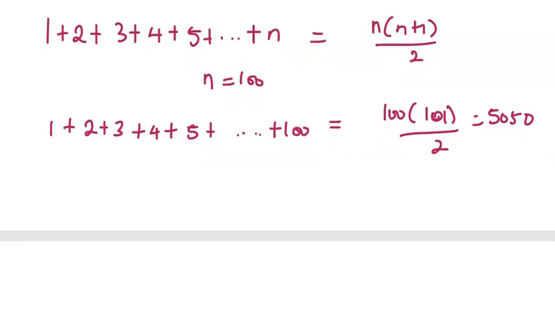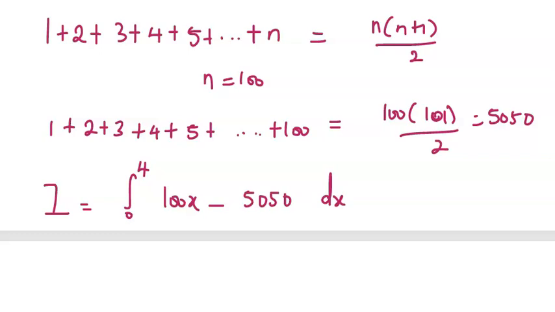So therefore our I is going to be equal to the integral from 0 to 4. Remember we have 100x, then minus, so that sum there is 5050, and then we have our dx also, right? So let's check it out.